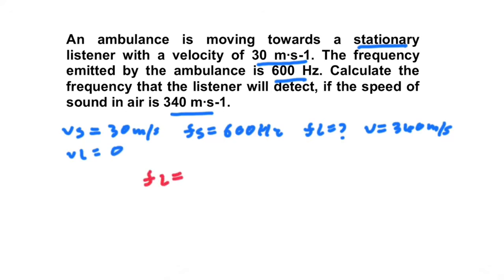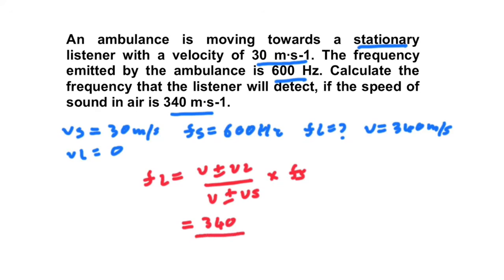So FL, the frequency observed by the listener, is equal to (V plus or minus VL) divided by (V plus or minus VS). Everything multiplied by FS, where FS is the frequency emitted by the source. So V, that is 340, the speed of sound in air, plus or minus VL. Our listener is stationary. So plus or minus 0, we can just forget about that and have 340.